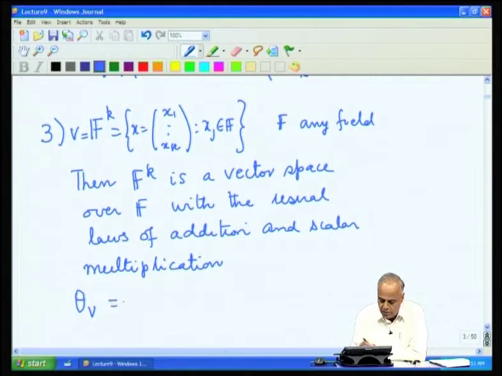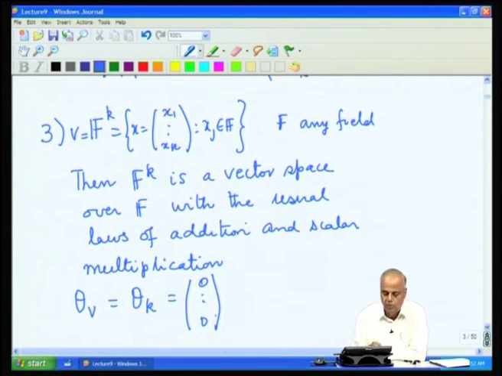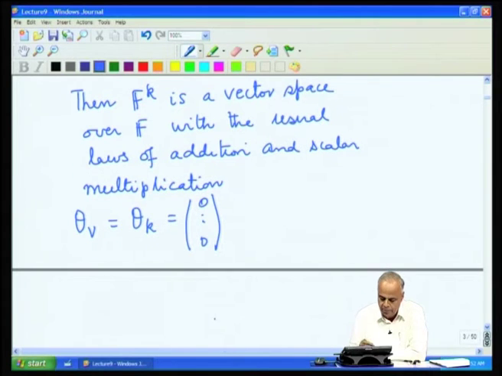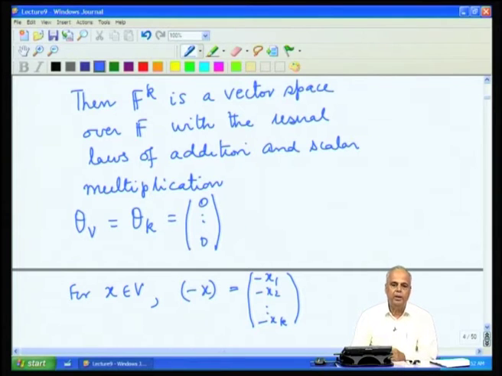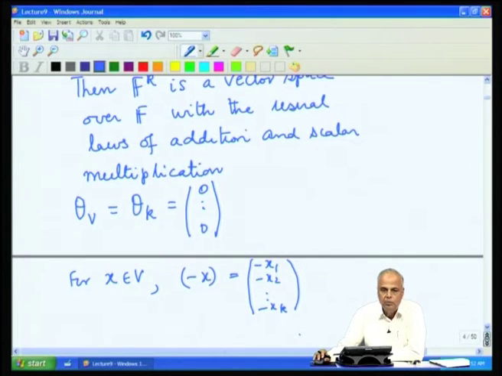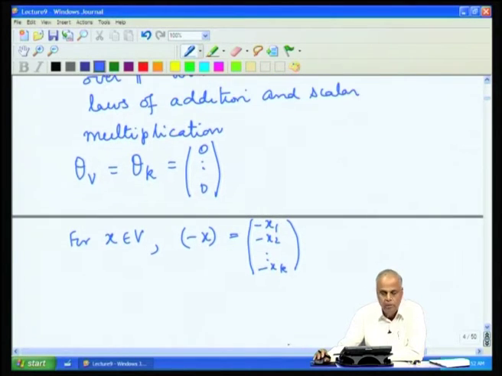So, what is theta V? It is again theta k, in this case 0 0 0, where now the 0 refers to the 0 element of the field F, and for x in V, the negative minus x is again minus x1, minus x2, minus xk. Since x1, x2, xk are in the field F, and in a field every element has its negative, therefore minus x1, minus x2, minus xk belong to F.